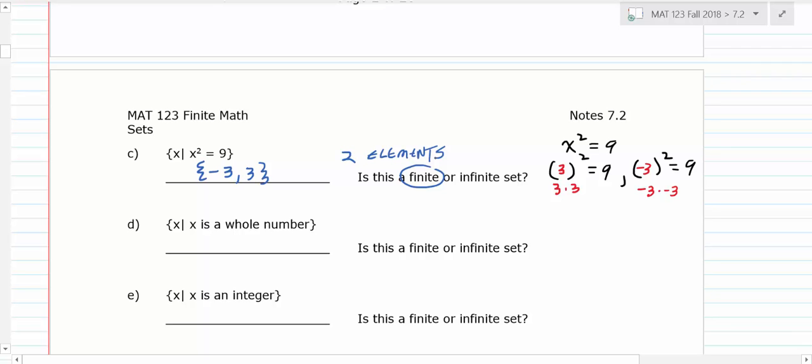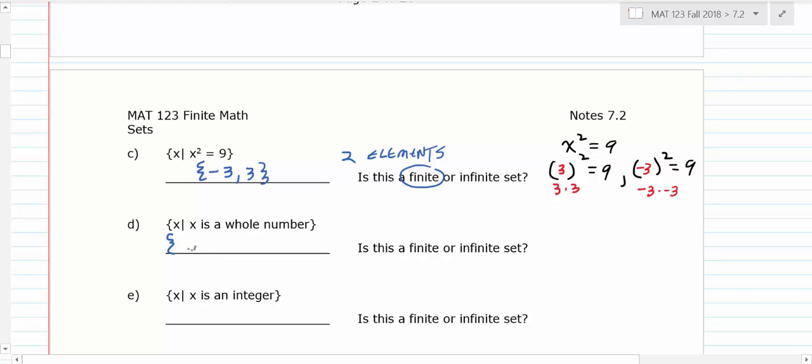Okay. All right. A whole number. Now, you need to know what whole numbers are. So I'm saying the set of x such that x is a whole number. All right, so again, if you don't know some of these things from your background, you can always look it up. I mean, you can Google what's a whole number, and it'll probably write it out the same way I'm going to write it out like this. So whole numbers basically are numbers that start with 0. They're counting numbers.